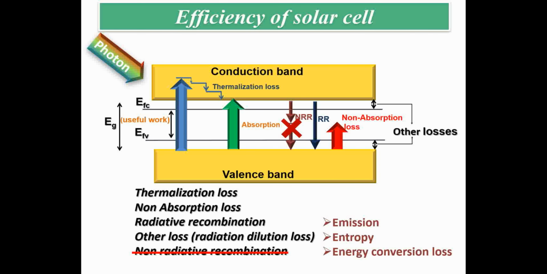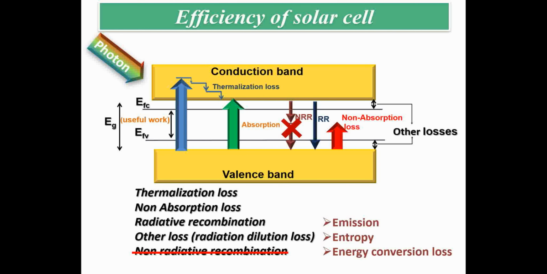Taking these two into account, they cause the solar cell output voltage V to always be less than Eg. That is because of these three losses: emission loss, entropy loss, and energy conversion loss. For the ideal condition, we can take the non-radiative recombination loss to be 0, because we are calculating only the intrinsic losses.